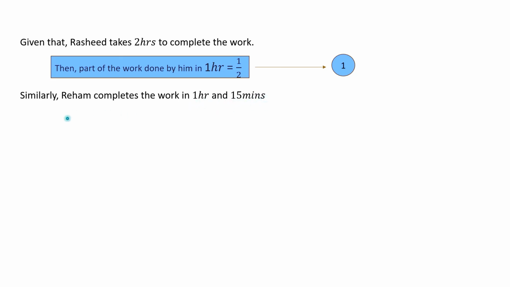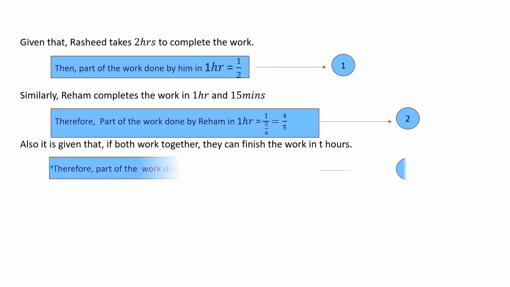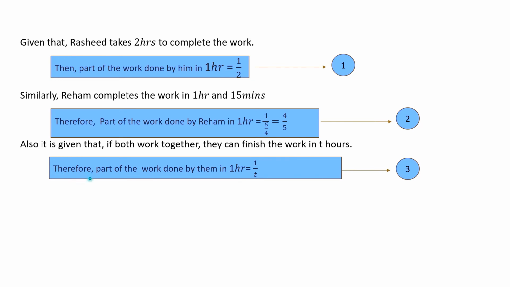That means in 1 hour, Reham can complete 4/5 of the job. Also, it is given that if both of them work together, they can finish the work in t hours. That means in 1 hour, they can complete 1/t part of the job.